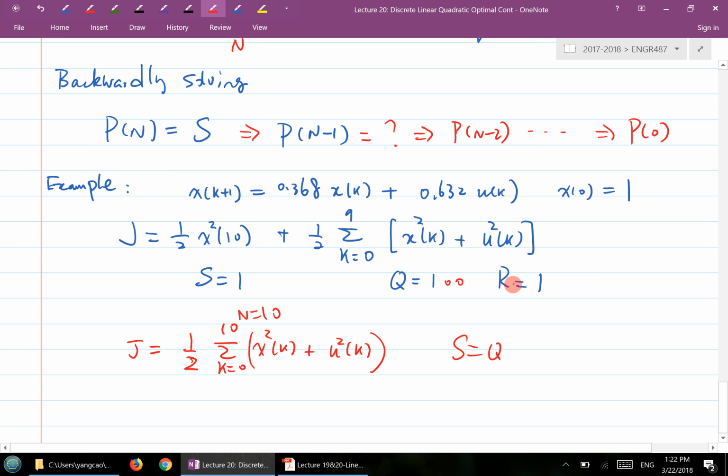If you have a smaller R, let's say 0.1, then you have a bit of luxury to use a little more control input to the system. So that's the effect of R and Q. But for this question, we're just trying to demonstrate how the algorithm works.